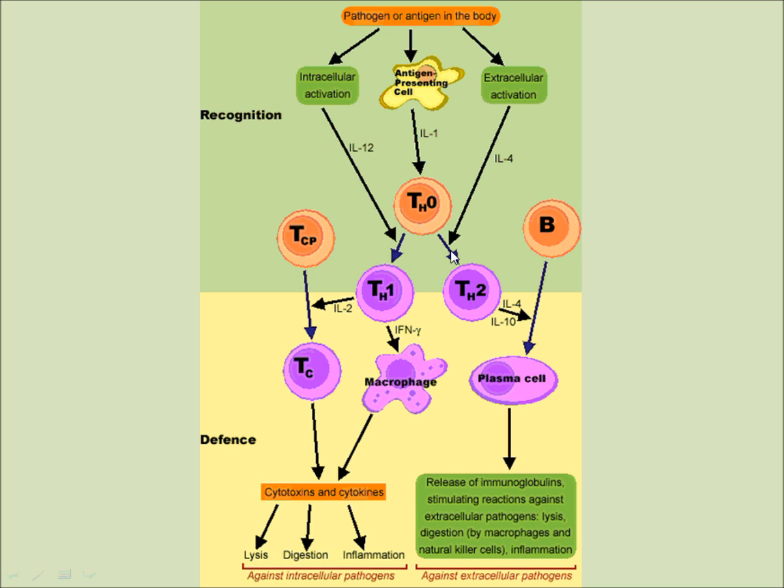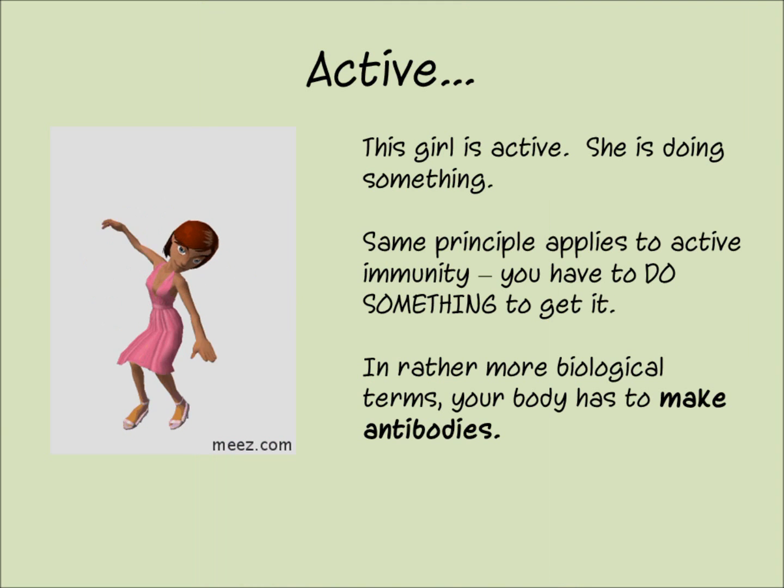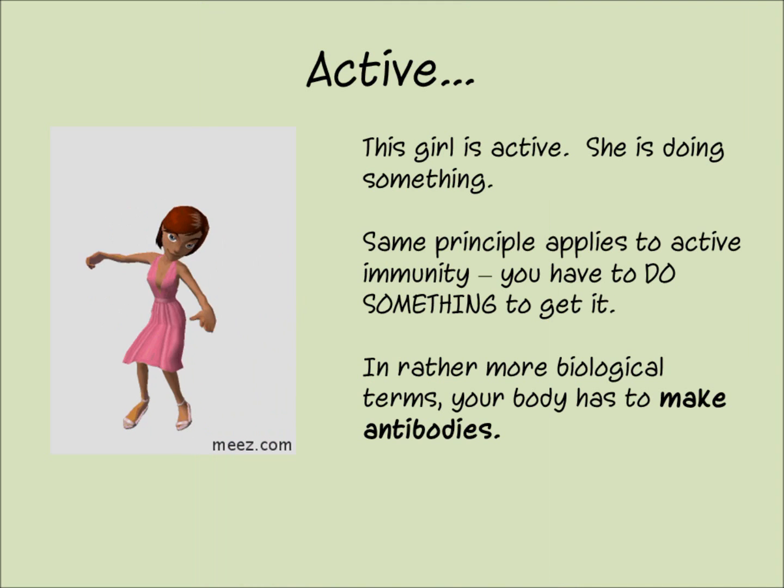If it's an extracellular pathogen, something like a bacteria or a fungus, then the helper cell will divide into a plasma cell that will make lots of immunoglobulins or antibodies. If it is a virus, then it will make cytotoxic T cells, which in turn go and kill the virally infected cell.